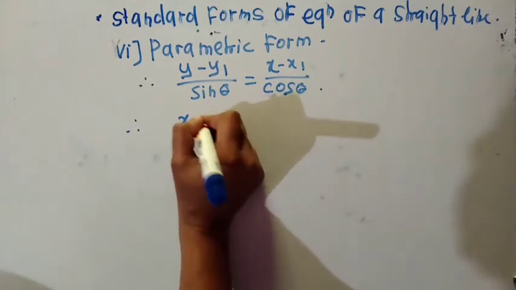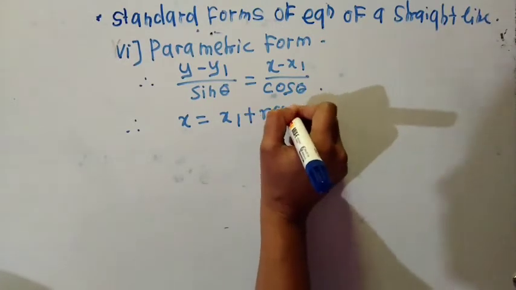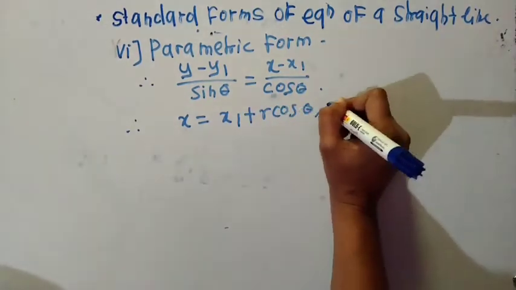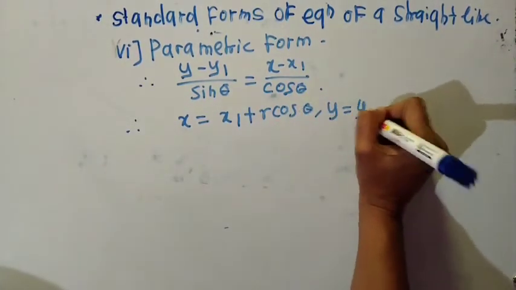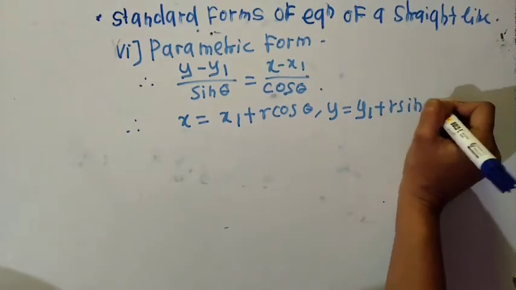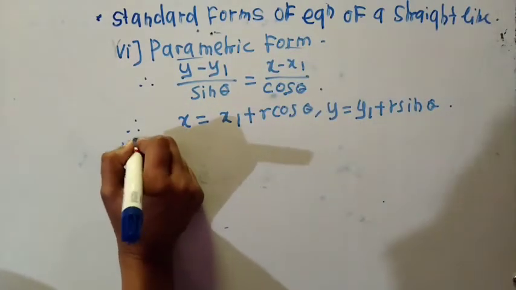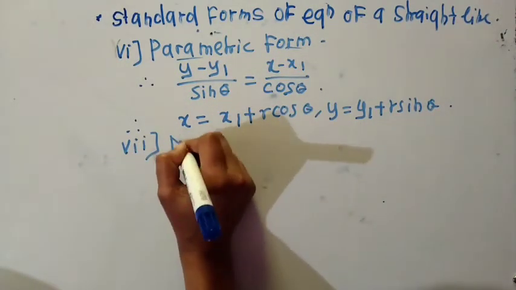Hence, x is equal to x1 plus r cos theta and y is equal to y1 plus r sin theta. This is the parametric form.